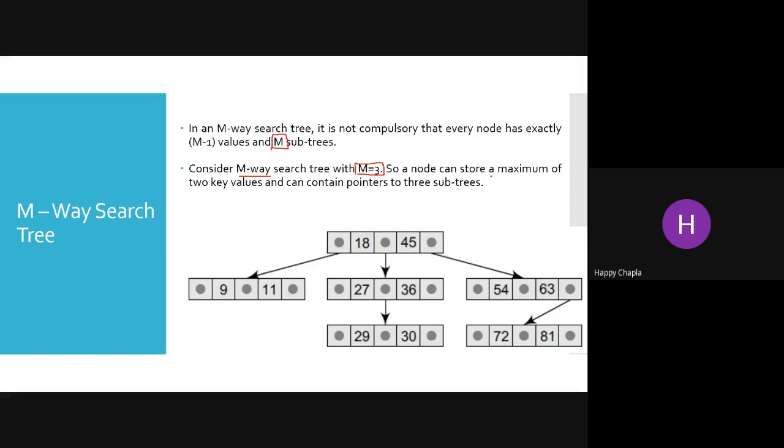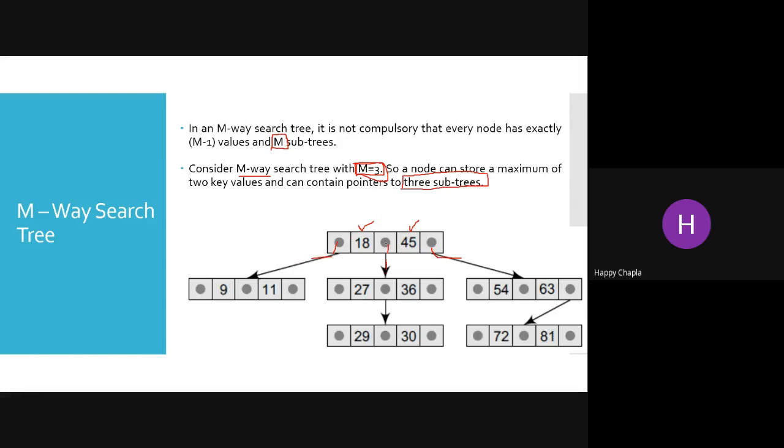So a node can store a maximum of 2 key values and can contain pointers to the 3 subtrees. अगर आपका वैल्यू m equals to 3 है तो आप एक नोड में सिर्फ 2 वैल्यूज इंसर्ट कर सकते हो और 3 पॉइंटर्स डिजाइन कर सकते हो जो 3 सब ट्रीज को पॉइंट करेगा.